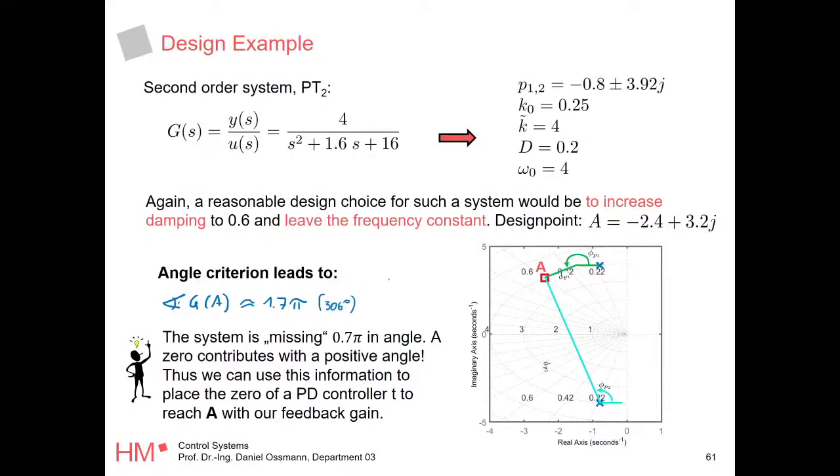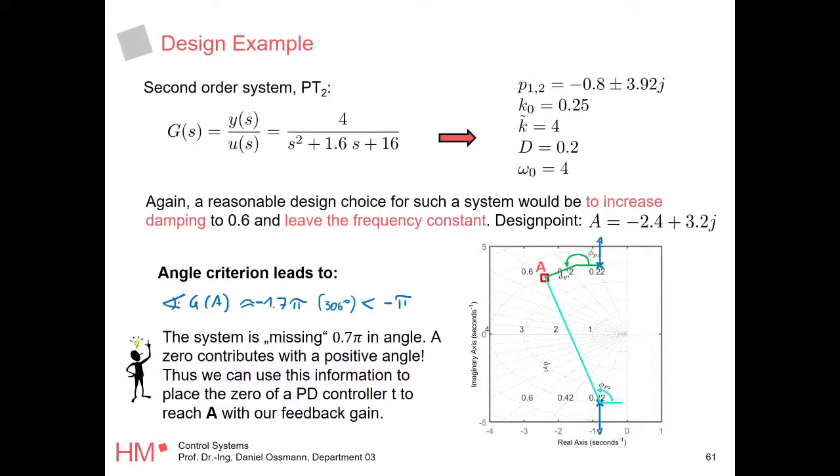So this is obviously not pi or minus pi, and actually the angle criterion gives you a negative. This is smaller than minus pi, which we would require to have this point on our root locus curve. You should know it's again a PT2 system, so our root locus curve simply looks like this.